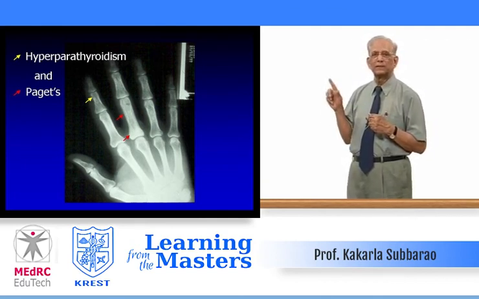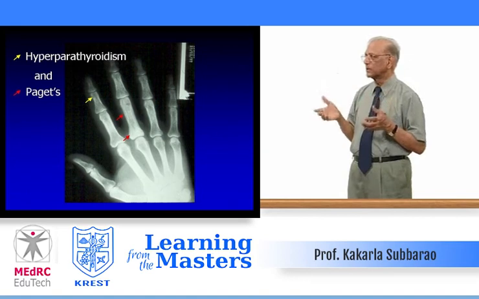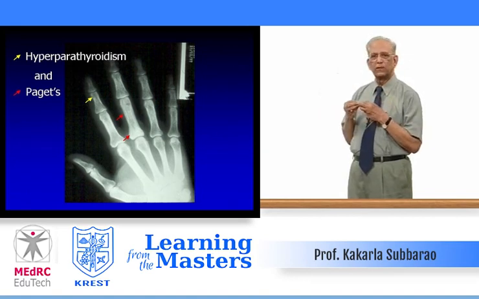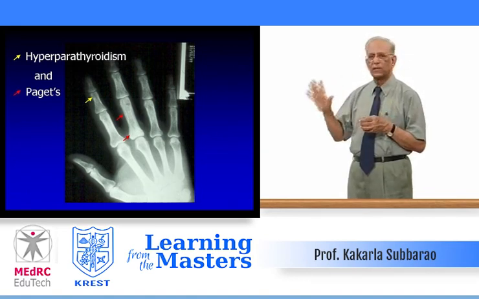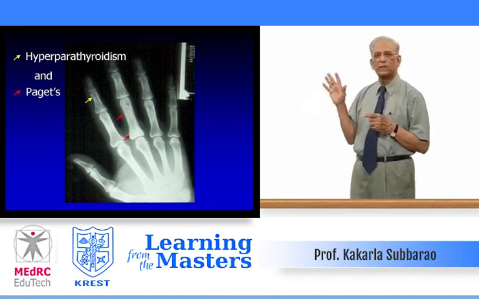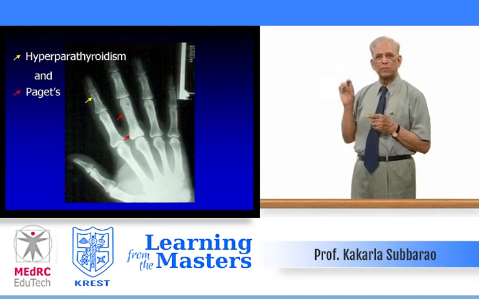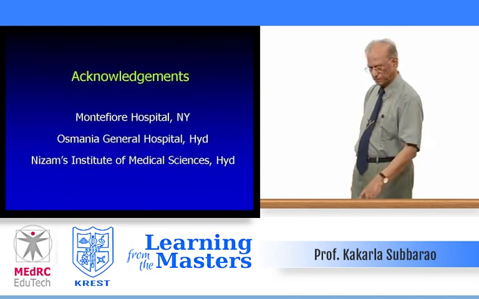That is the key to say that this is hyperparathyroidism. In fact, when clinically suspected, in order to save films, somebody asks only for the hand, particularly the middle phalanx of the index finger. On the lateral border, there is subperiosteal resorption of bone.